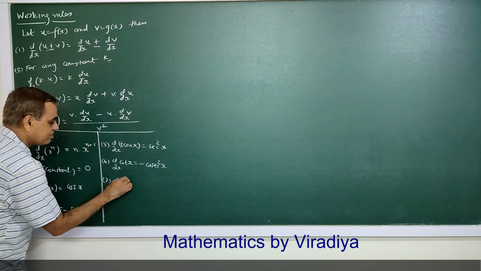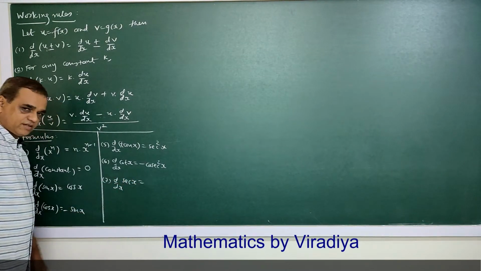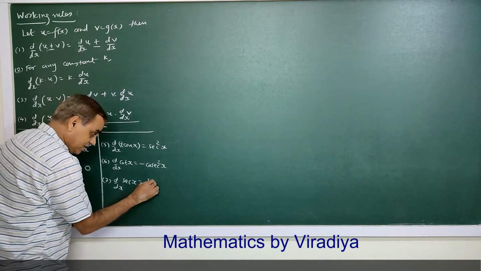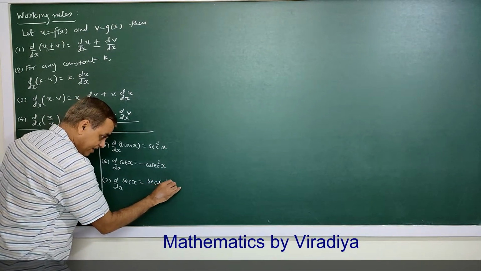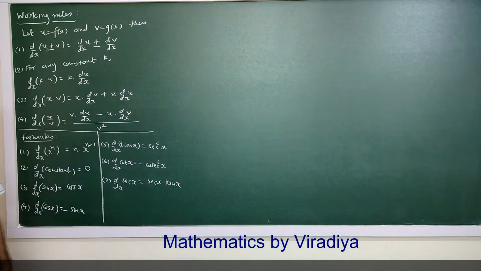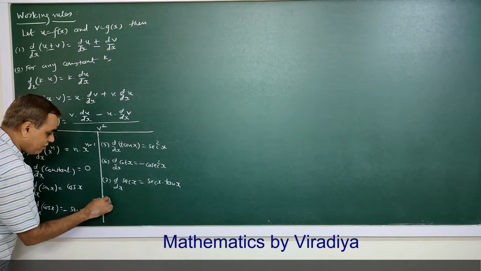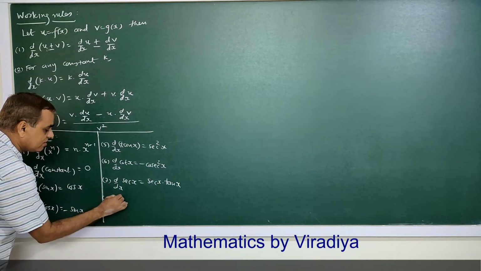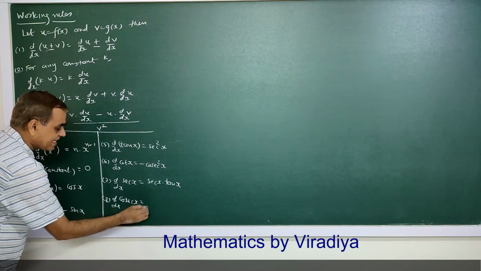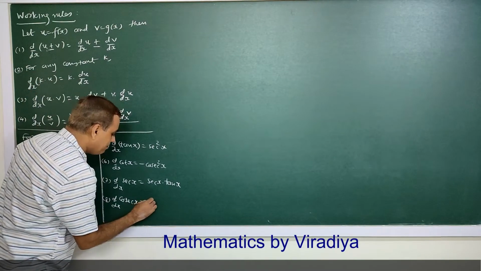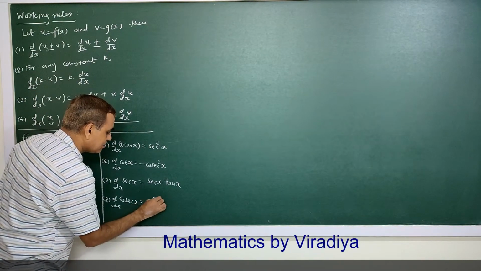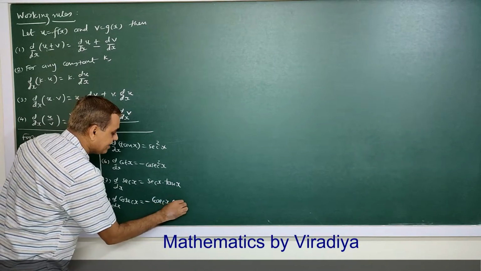Derivative of sec x is sec x into tan x. Derivative of cosec x is minus cosec x into cot x.